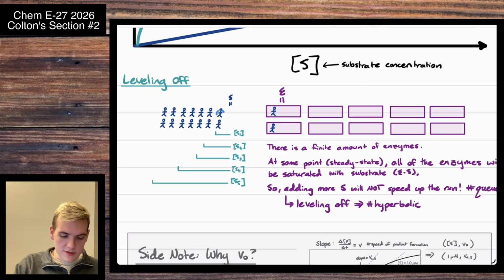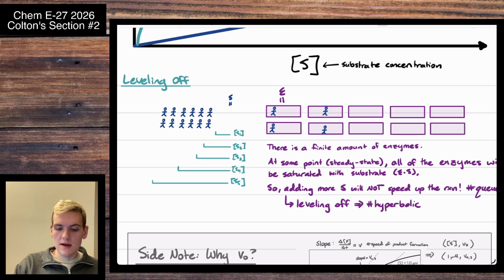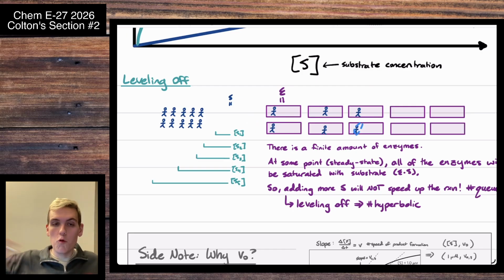So if our initial substrate concentration, which I'm calling S1 here, is 4 people, and we have this many enzymes, a fixed amount of enzymes, then great, we are doing more of the reaction. So as we go up from S1 to S2, we are putting more substrate into the enzymes, and hey, more reactions happening.